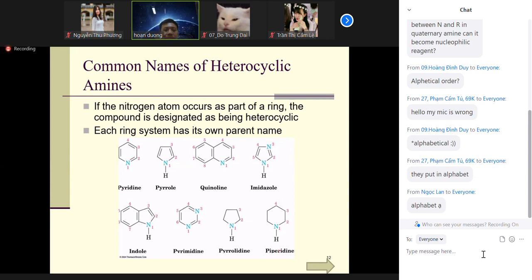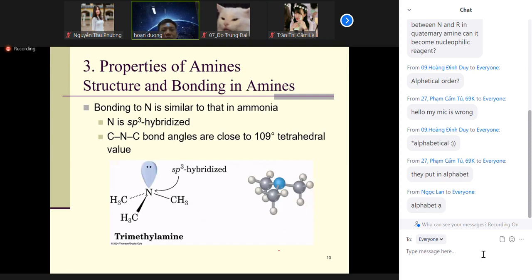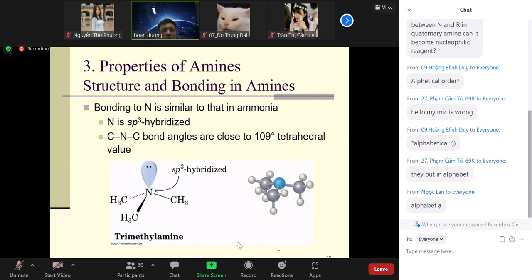Now, properties of amines. We should understand the structure and the bonding in amines. Bonding to the N is similar to that in ammonia. That's the one thing you should understand. All right, no problem.